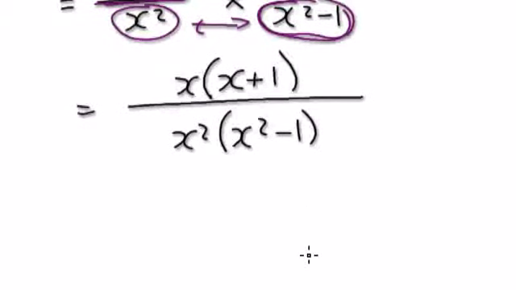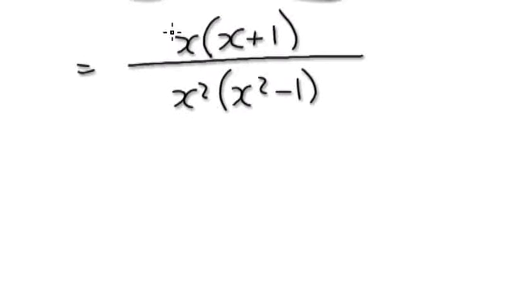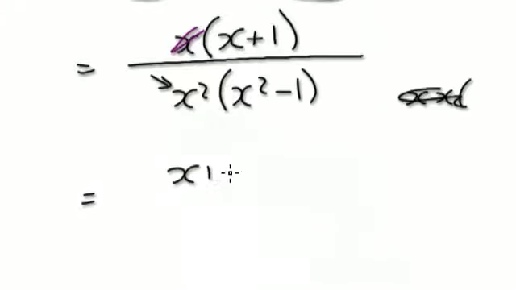Then you can visualize this as x times x, but basically, when you're here, you can divide. Look at this: this x here gets killed off, and here you lose one x. So this becomes x plus 1 over x bracket.